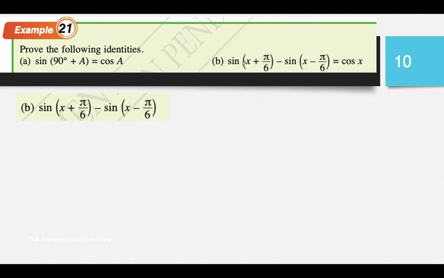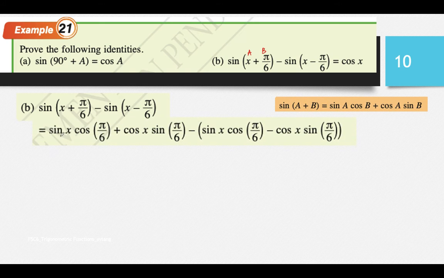Okay, B. This one, sine minus sine. Okay, and inside here, this one is A, B, right? So we can start using this one. Sine A plus B will be equals to sine cos cos sine. The first one. Okay, the first one for this one.